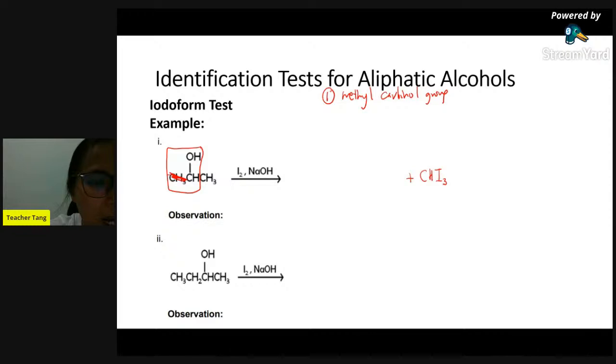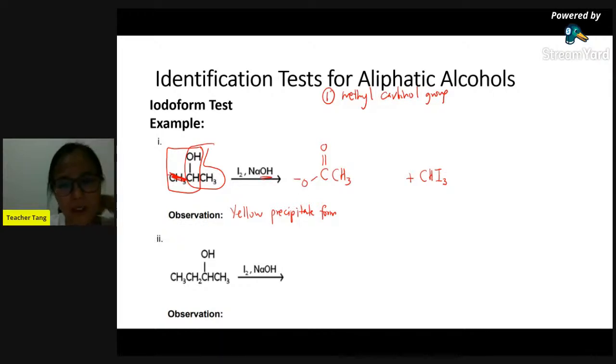So this is the yellow precipitate formed. Then the remaining part will be oxidized to give carboxylic acid. But because it is in alkaline condition, we get the carboxylate ion.